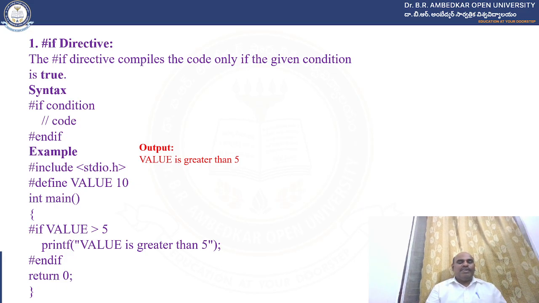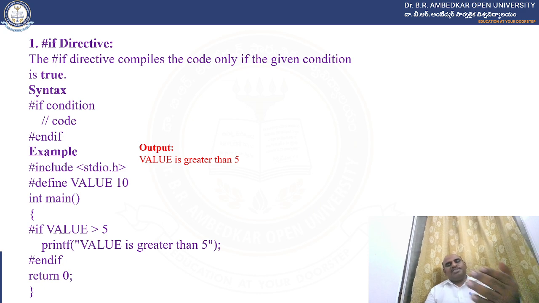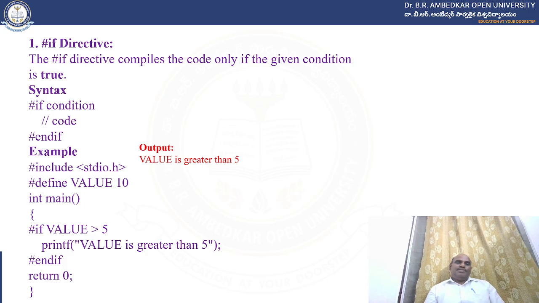What is that value? 10. 10 is greater than 5, so the condition is true and it is executed. The output came: value is greater than 5. This is the first type of if directive.